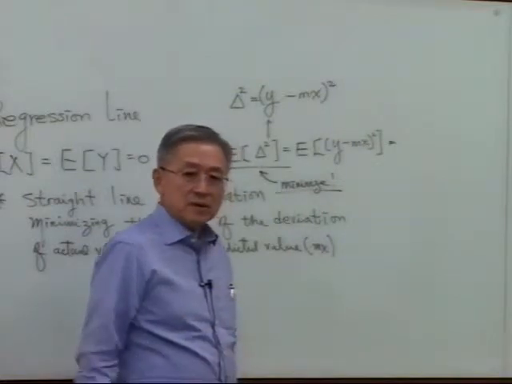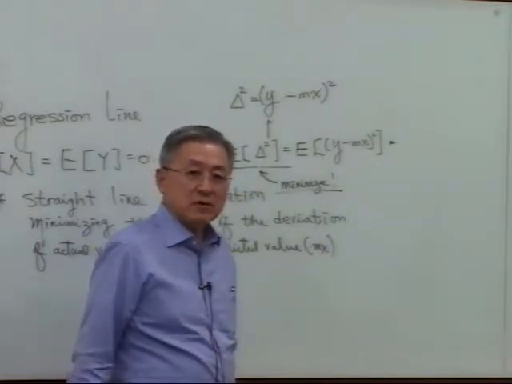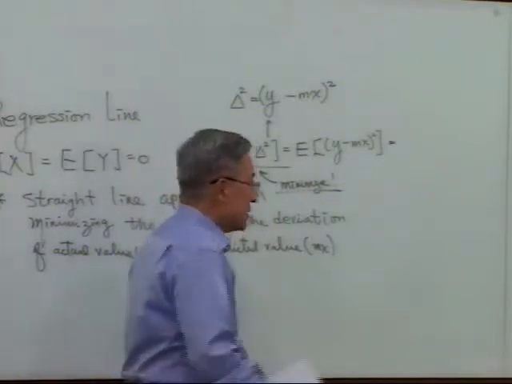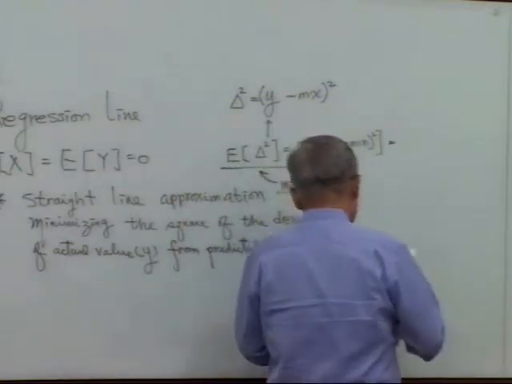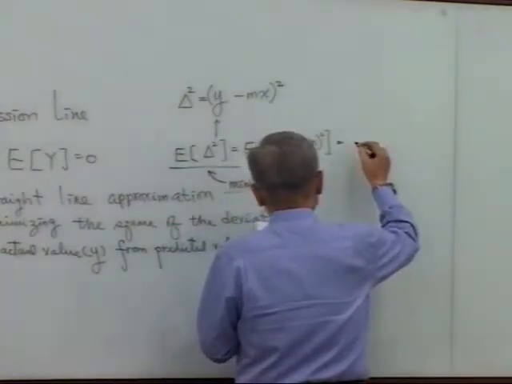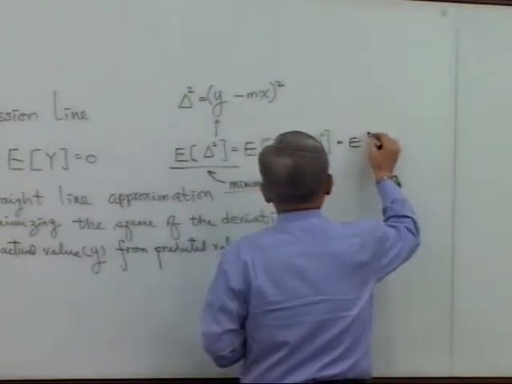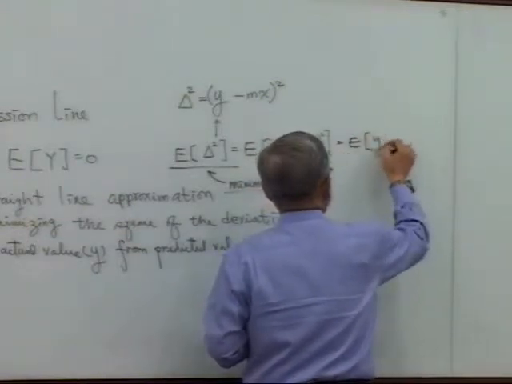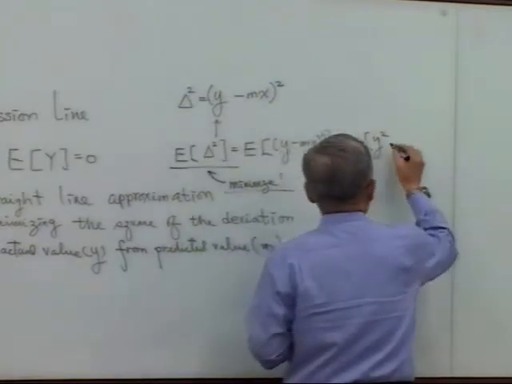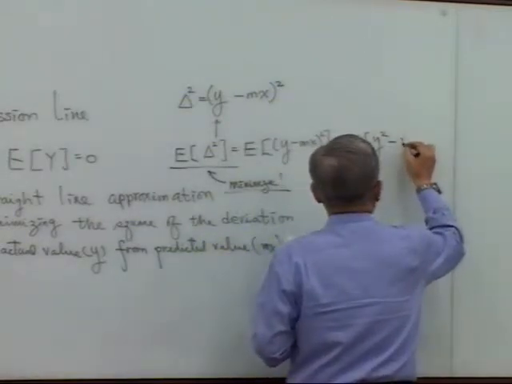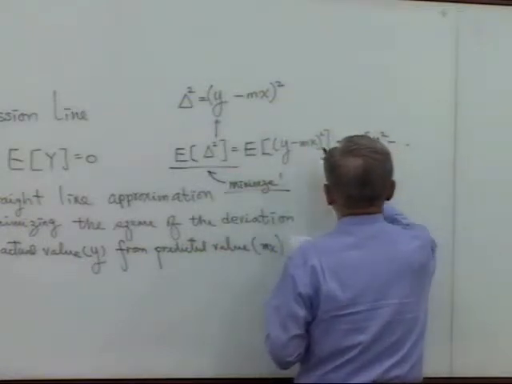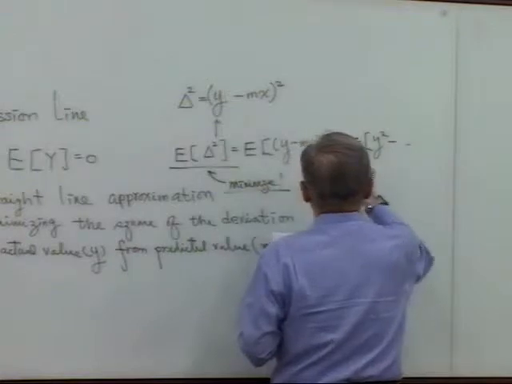Then you can get the value of the slope m. That's what the best fit curve is. So if you do that, expand inside the expected value.